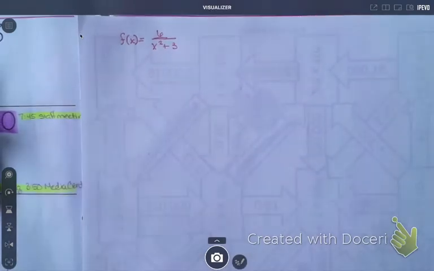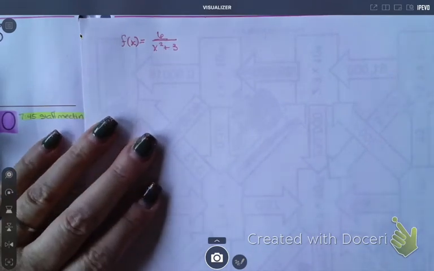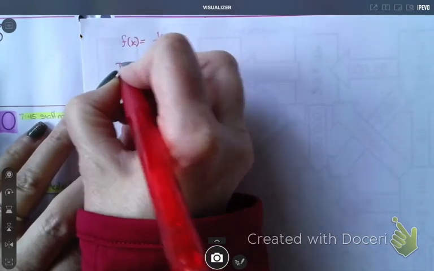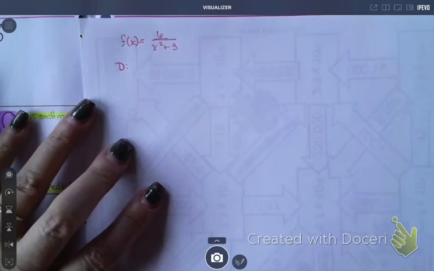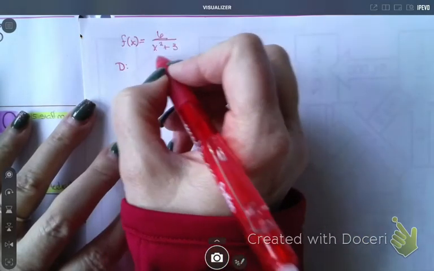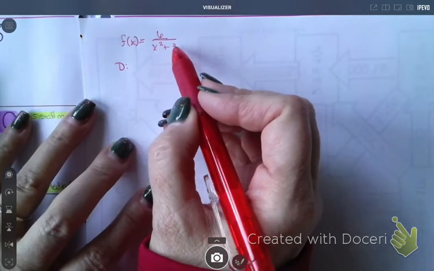So the first thing we're going to start focusing on today is the domain. Because I've now brought up twice that excluded values also need to be in our intervals, haven't I? So we need to find the domain, and this is a rational function, so anything that makes this denominator 0 is not going to be in my domain, correct?